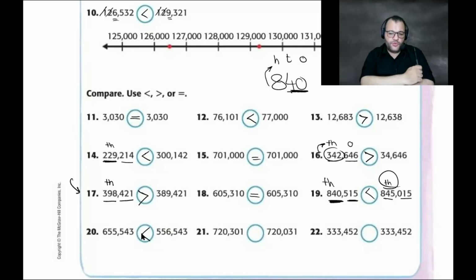How do we compare between the two numbers? Number one, we count the digits. How many digits for the first number? All of the first number. 6 digits, okay.